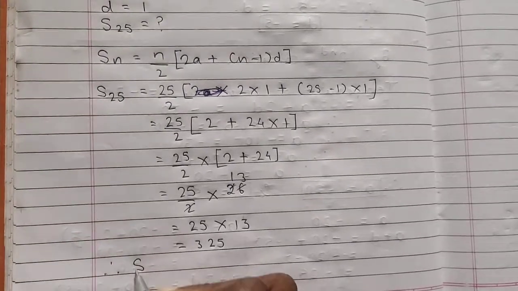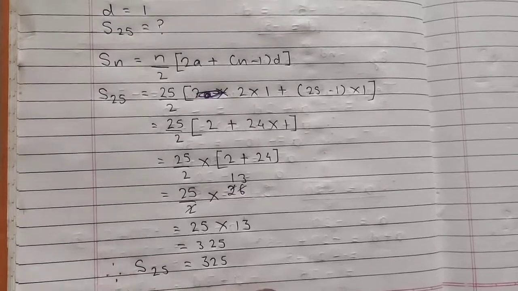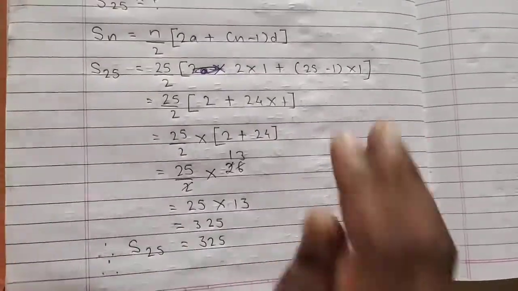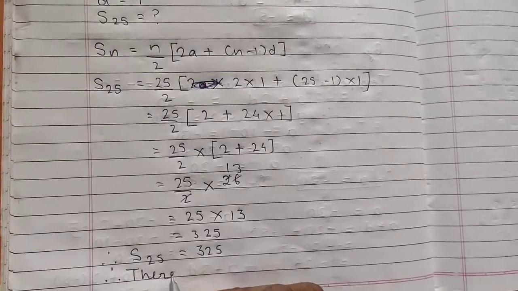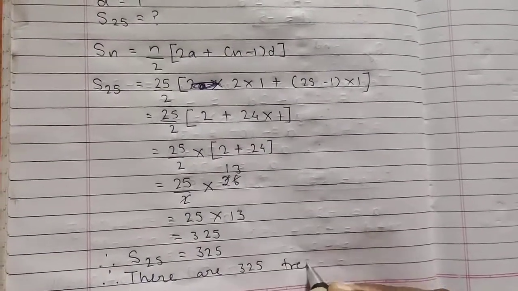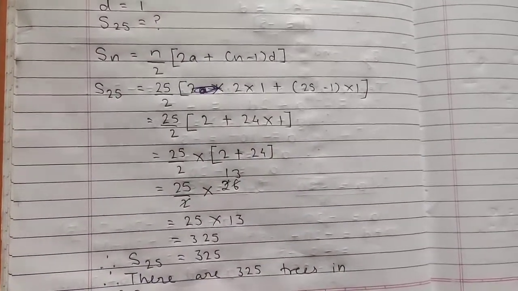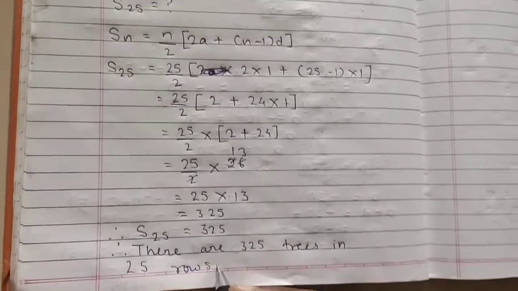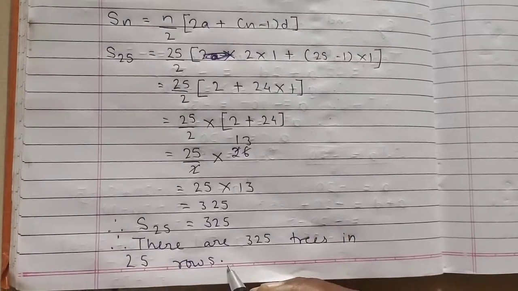So finally we got S25 equals 325. So we can write our final answer: therefore, there are 325 trees in 25 rows. Okay, there are 325 trees in 25 rows.